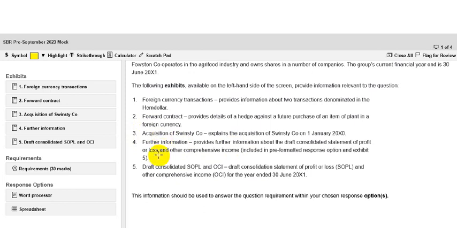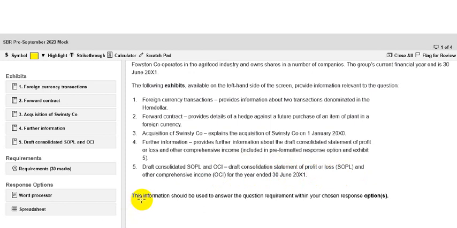Exhibit 4, further information, provides further information about the draft consolidated statement of profit or loss and other comprehensive income, included in the pre-formatted response option in Exhibit 5. Then Exhibit 5 is a draft consolidated statement of PL and other comprehensive income for the year ended 30 June 2021.